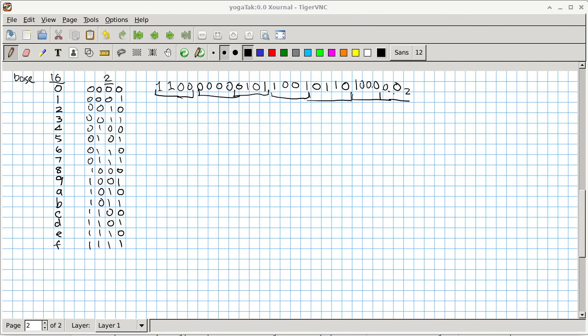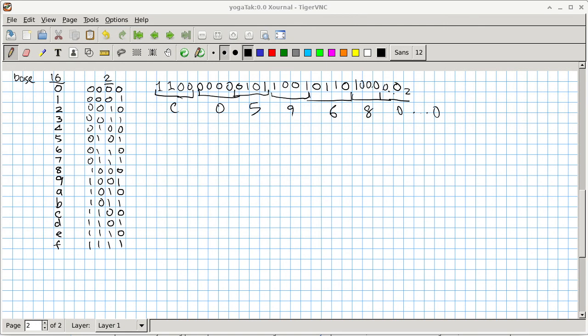So I don't even need to look up the table because I've done this so many times, not because of my teaching job, but because of all the code development and stuff like that. So I can just look at this and say, this is a C, that's a 0, that's a 5, that's a 9, that is a 6, that's an 8, and then just a bunch of zeros after that.